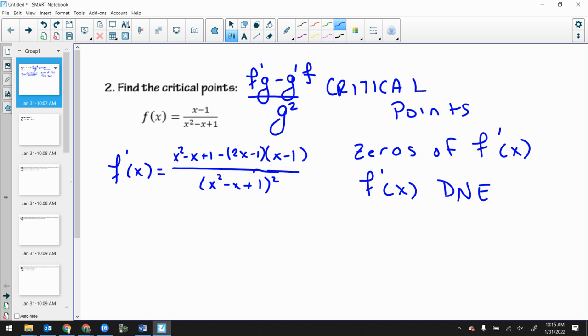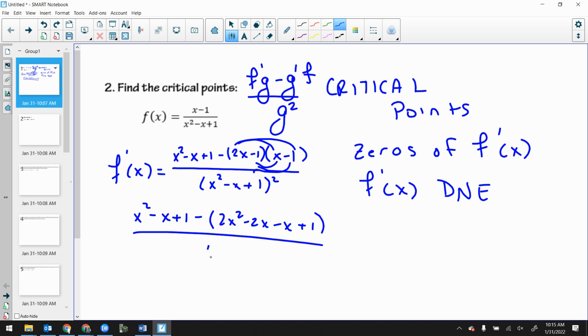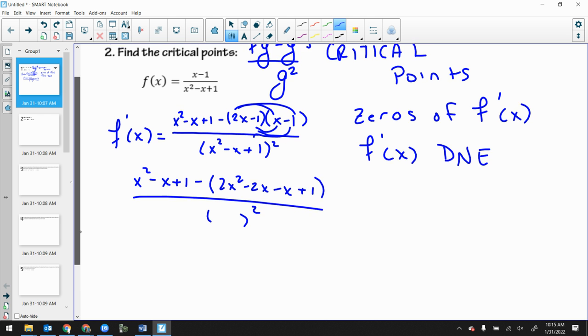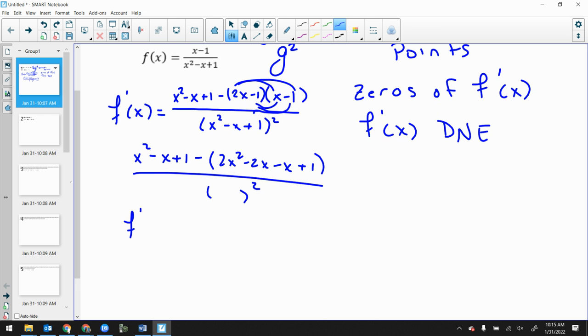And then let's FOIL. So we got x squared minus x plus 1 minus, and I'm going to leave this in parentheses, 2x squared minus 2x minus x plus 1, all over g squared. And then f prime of x is equivalent to, okay, I've got an x squared minus 2x squared.